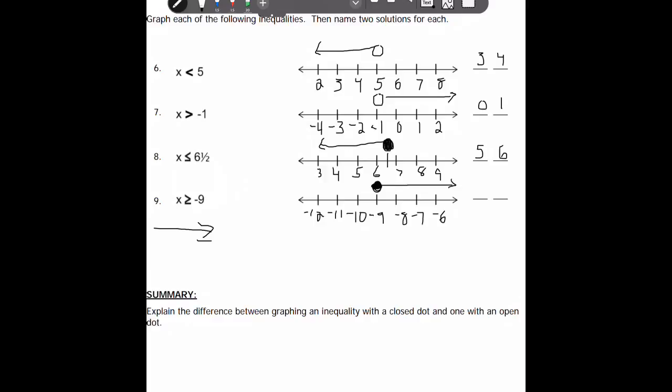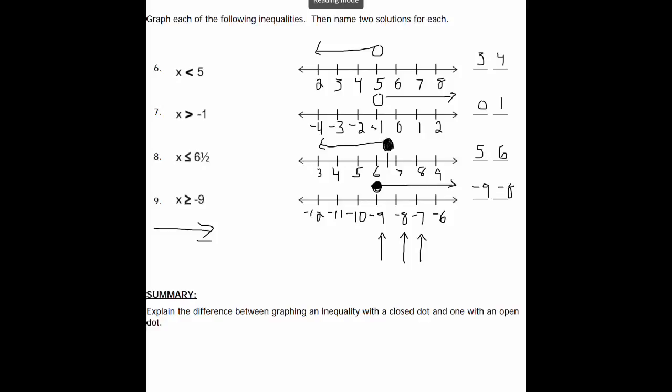And two solutions would be -9 and -8. These are two values on the number line that are to the right of that filled in -9. And I just pointed to 2 points that I didn't write here. -7 could have worked, but also -9 works, which is one of the ones that I wrote because it's filled in. So that is a solution to this inequality.